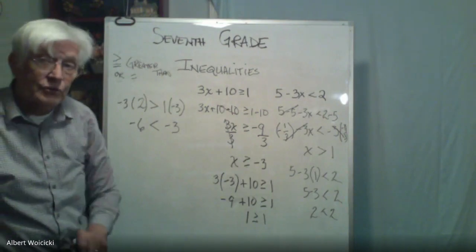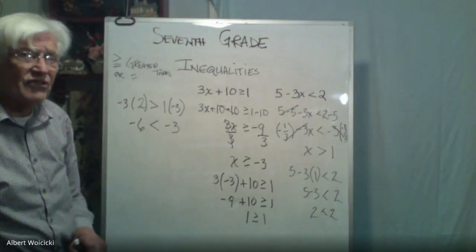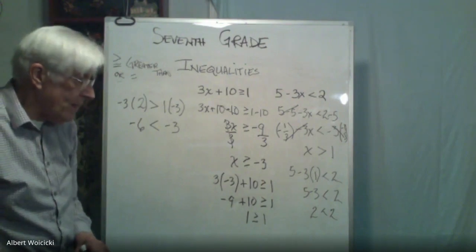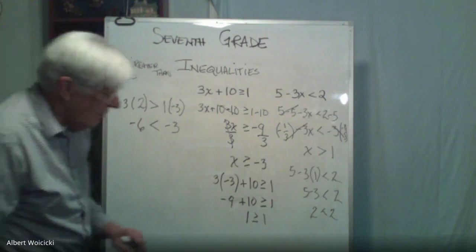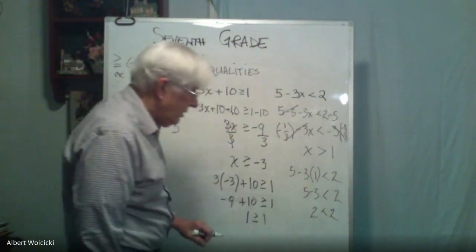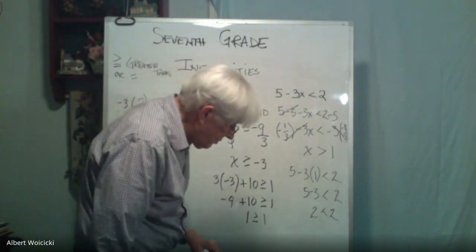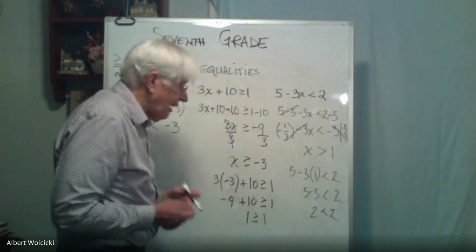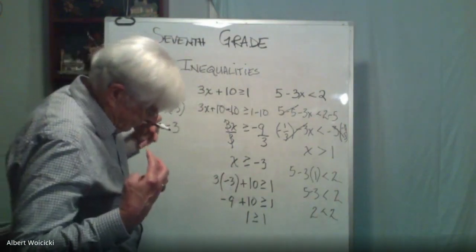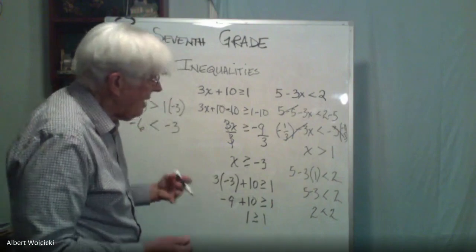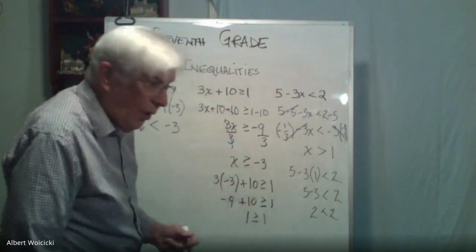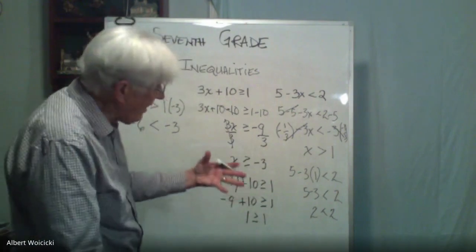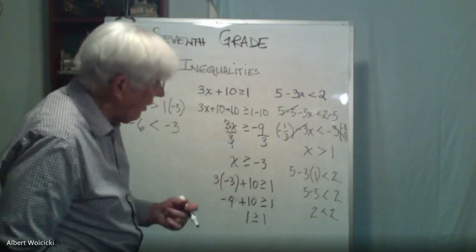Now, is that true? Is 2 less than itself? No, it isn't. So this doesn't work, does it? So that's not true. So I've got to come up with a better way of answering this. My check didn't work.